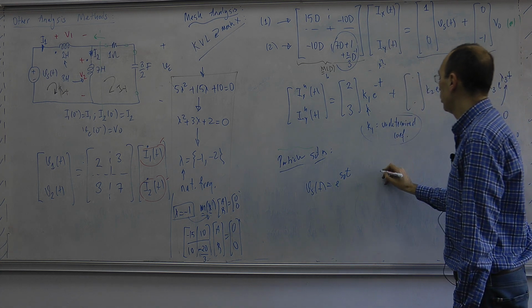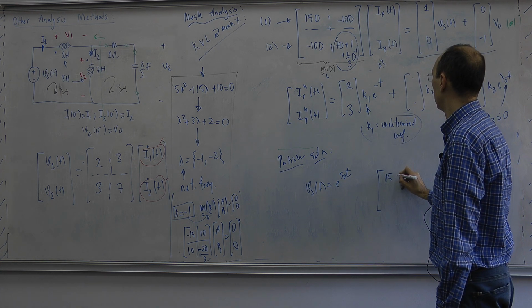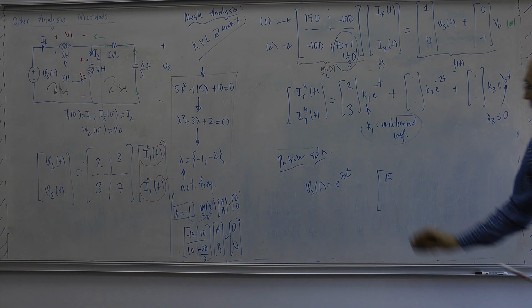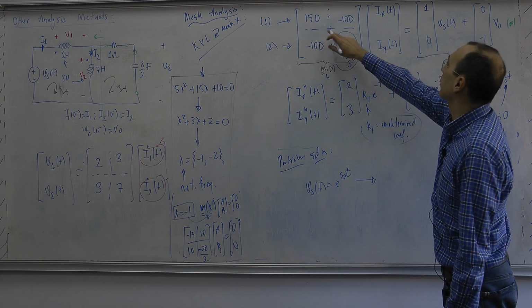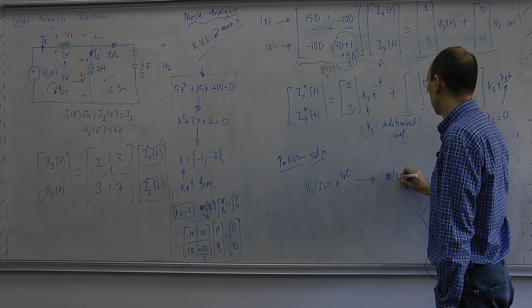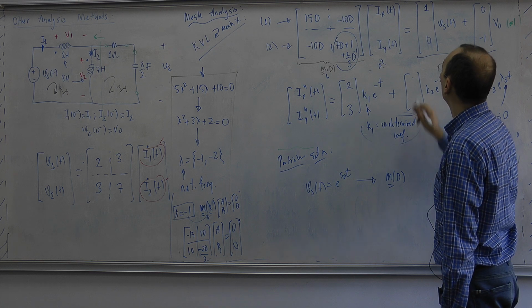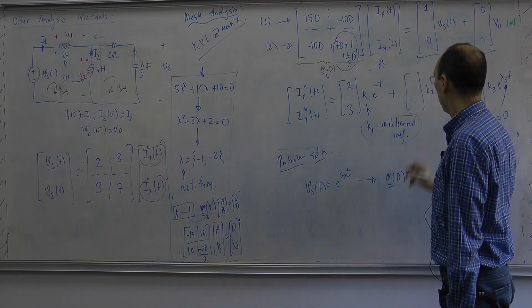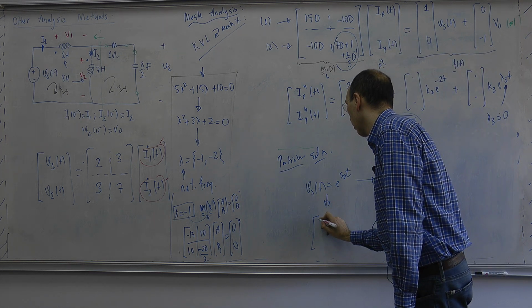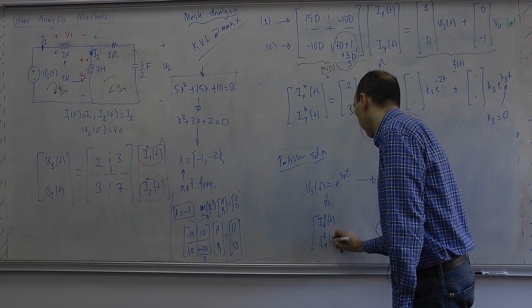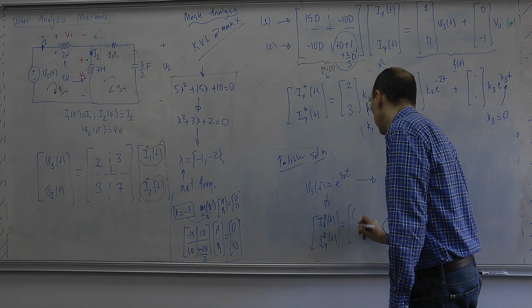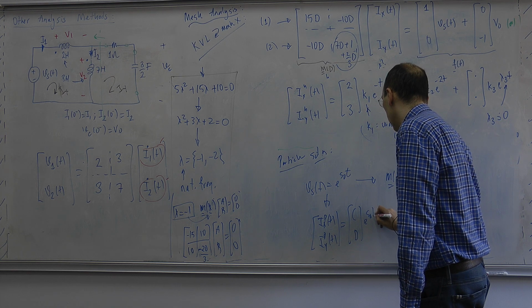So what should I do? Let me write it briefly. Now I'll be assuming this. This is M D, and then I'll be making a guess for my particular solution. Let me call it C D e to the s naught t.